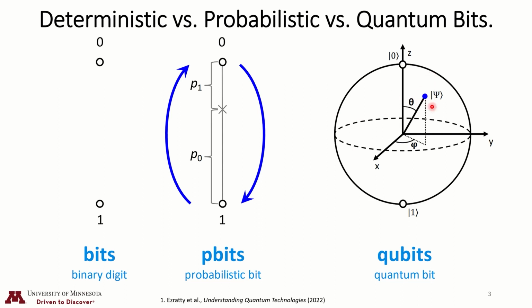I highlighted here in blue. There's a blue point, and you can pick any other point around the surface of the sphere, and that point will give you the ability to extract information such as the phase information, and also the angle, the distance it is from the ground state or excited state. So you can turn it into a relative representation.